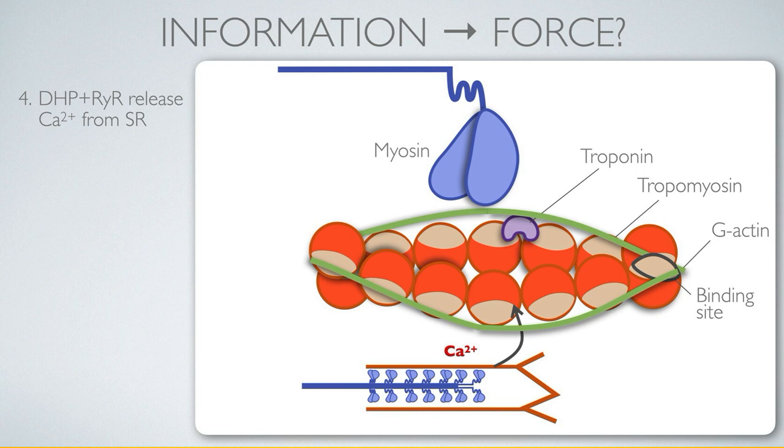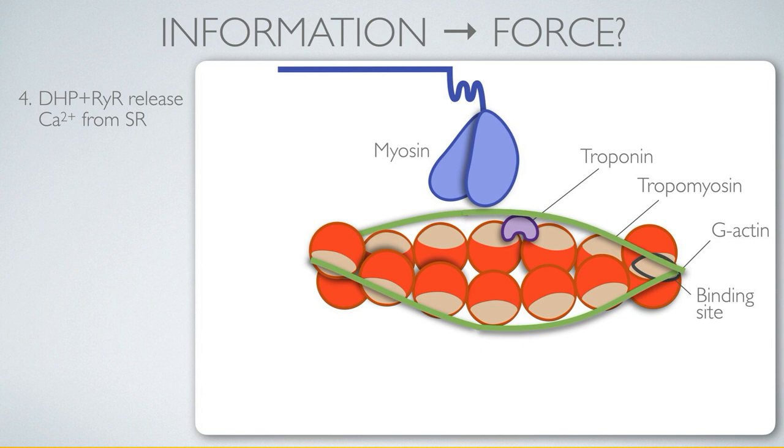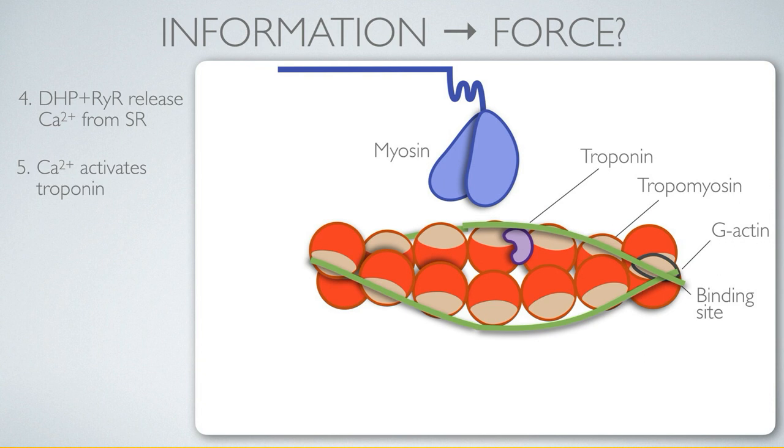All right, so let's talk a little bit more about how troponin and tropomyosin regulate this access of the myosin head. So let's just imagine the troponin molecule. Right now, the tropomyosin is blocking the binding sites. Let's say the troponin binds to a calcium ion. In response to that, it will change shape.